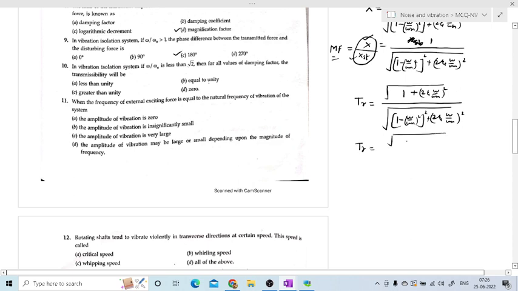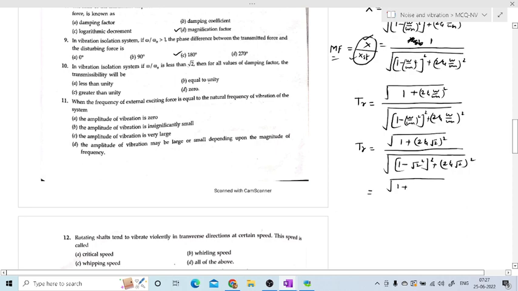So just calculate: 1 plus [2 zeta root 2]^2, divided by [1 minus root 2 squared]^2 plus [2 zeta root 2]^2. Okay, so I have just entered the value of omega by omega n equal to root 2. Now we'll try to solve.